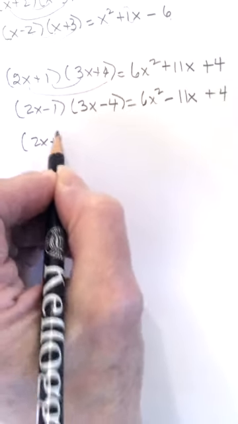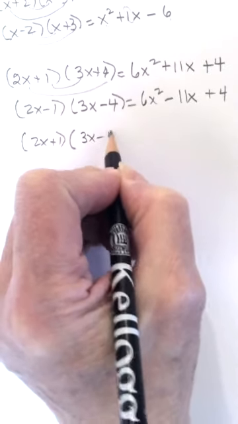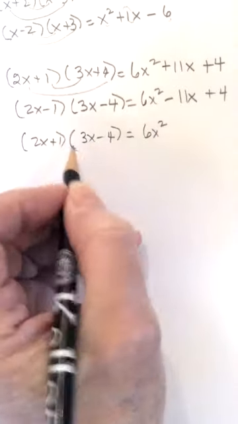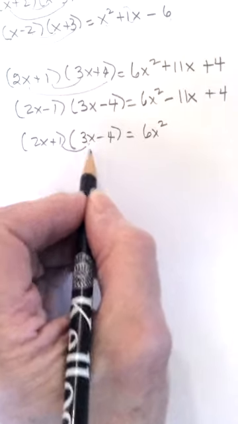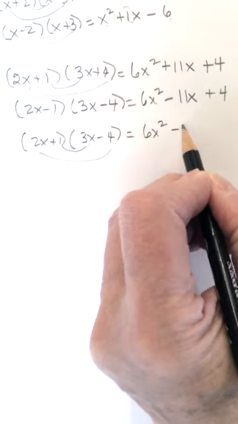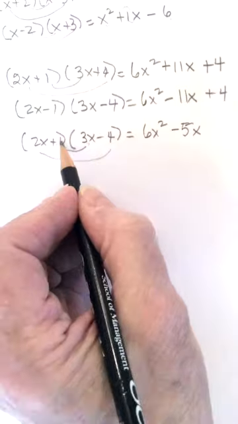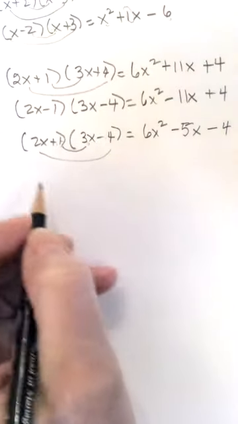2x plus 1 times 3x minus 4 will give 6x squared, and this time I've got positive 3 from this product and negative 8 from that product. So I'm going to have negative 5x, and positive times the negative is negative, so negative 4 at the end.